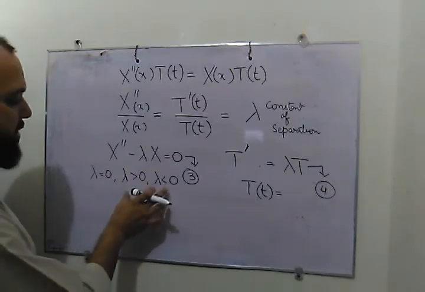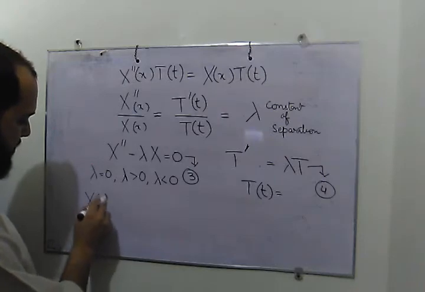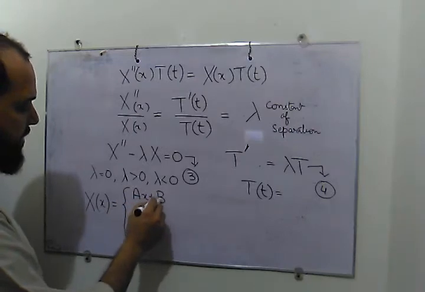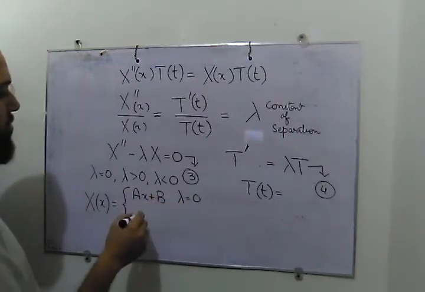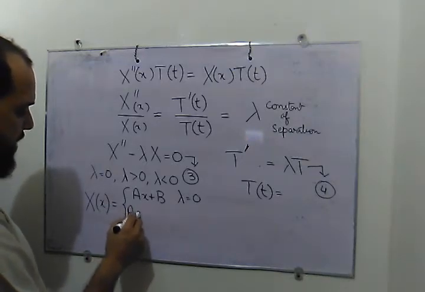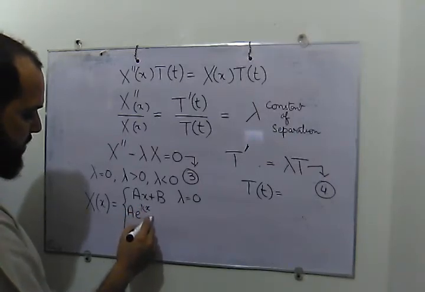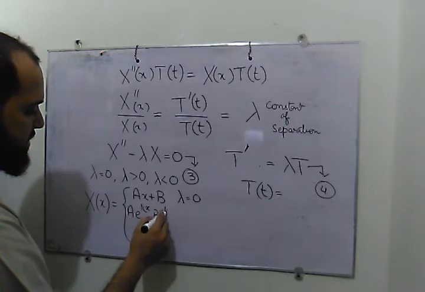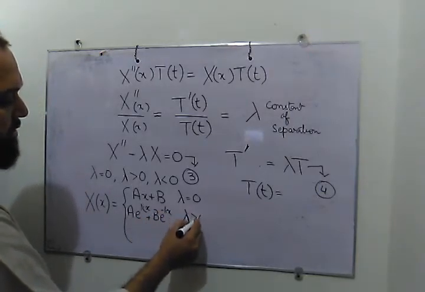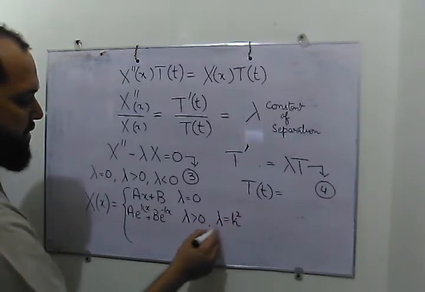Now when we see all solutions, we see that the solution has the form ax plus b if we take lambda equal to 0. It will be a exponential kx plus b exponential minus kx when lambda is greater than 0, or lambda is equal to positive k square.